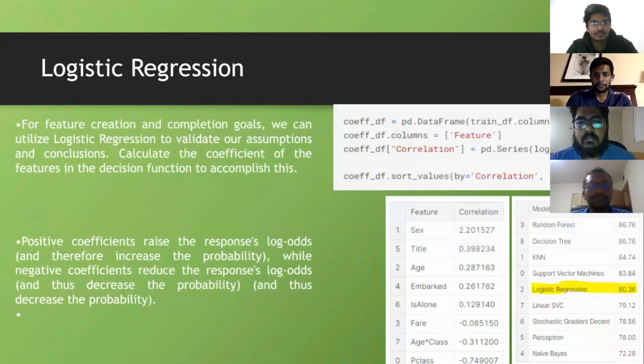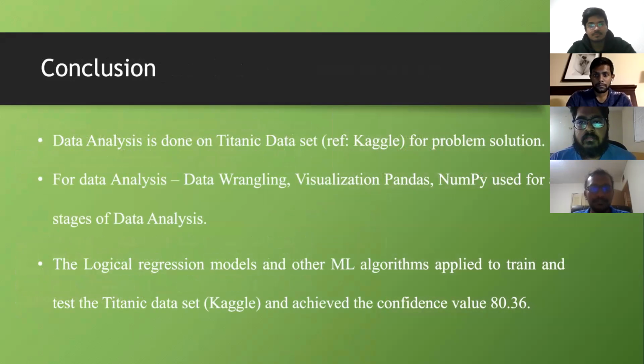Next slide, please. And coming to the conclusion, we can conclude that the given data set in the reference Kaggle is the Titanic data set, on which they have applied different data analysis tools and techniques for data wrangling and data visualization. They have used Pandas and NumPy, and different data analytical tools are applied to visualize the data in different ways, to go in depth into the data and analyze what kind of approaches they got.